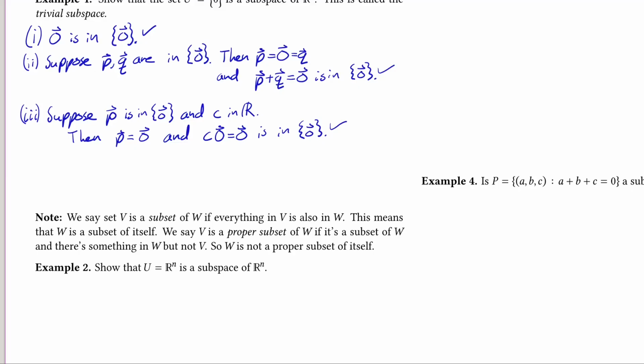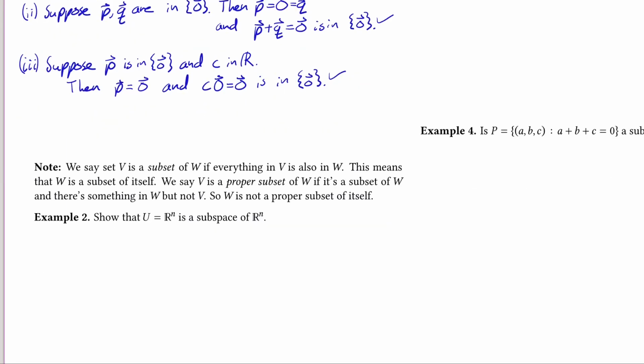In math, we say that a set V is a subset of W if everything in V is also in W. And that means W is a subset of itself, because everything in W is also in W. That's a little different from the regular English word subset, which often means a strictly smaller subset, what we call in math a proper subset. So if V is a proper subset, that means there's something in W but not in V. So a proper subset is a little bit smaller than the bigger set.